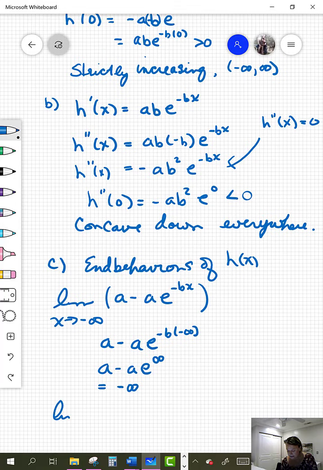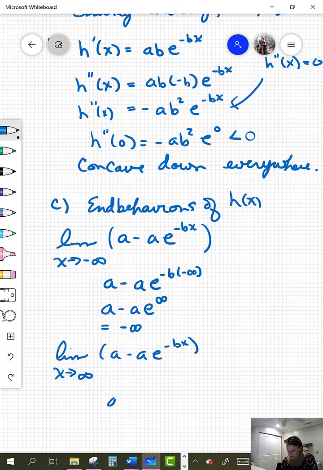Now looking at the limit as x is approaching positive infinity of a minus a e to the negative bx. When we plug in positive numbers, a minus a e to the negative b times positive infinity, let's use rules of exponents. We can bring that negative exponent e down to the denominator.